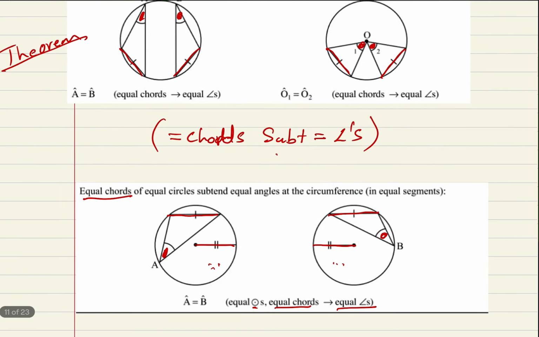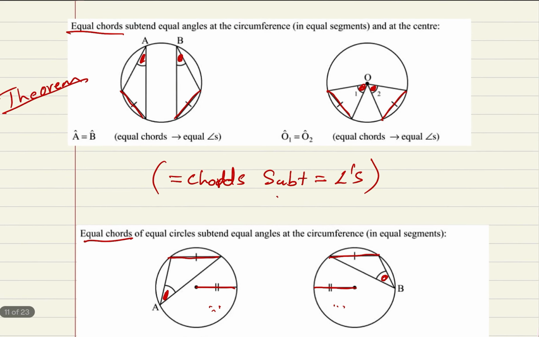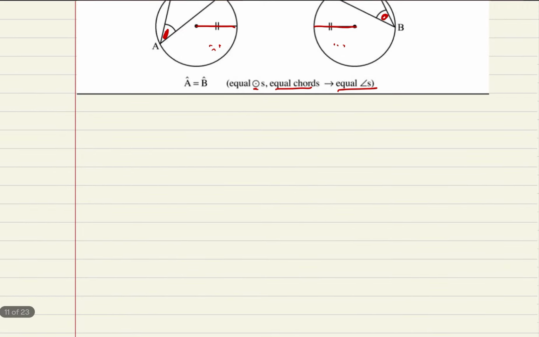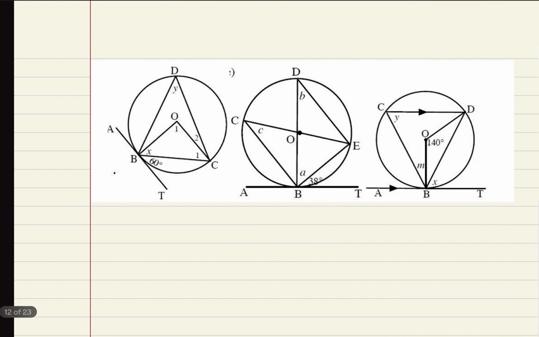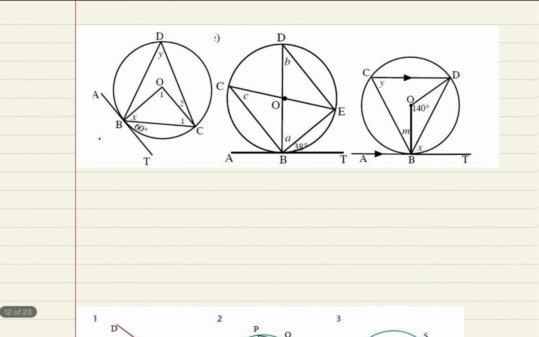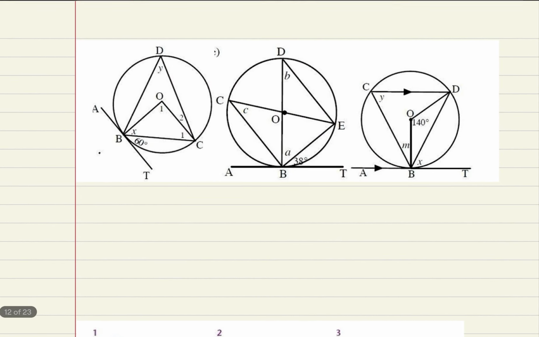Equal chords subtend equal angles. So that is how we conclude on these theorems, and then we can look at a few problems on tangents. Then we will meet when we do the other problems with combined theorems.